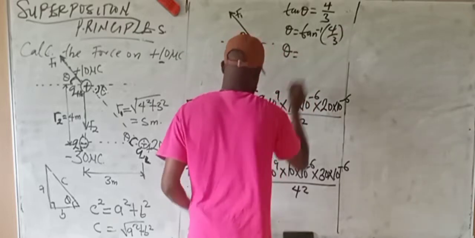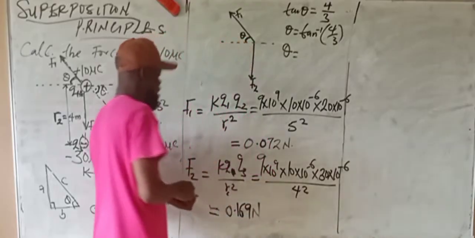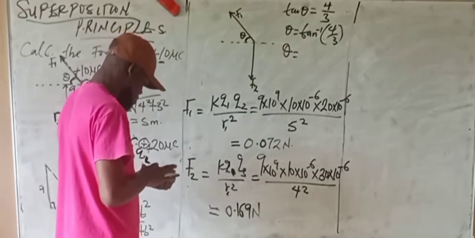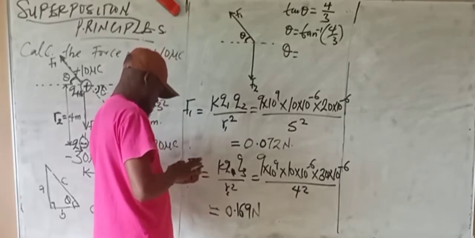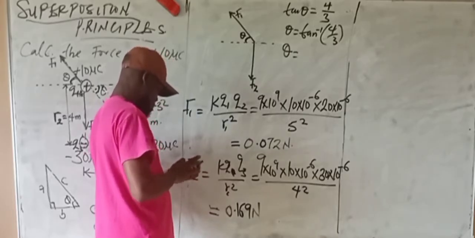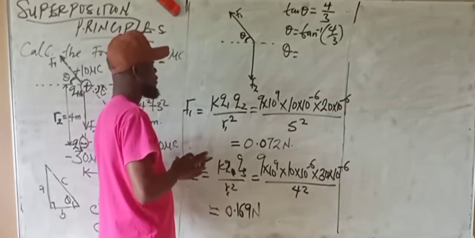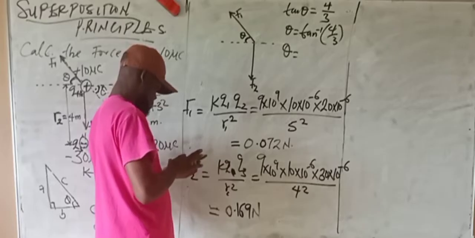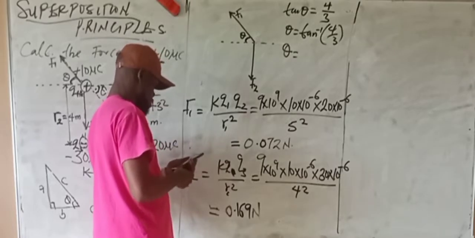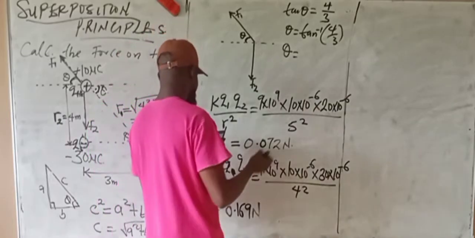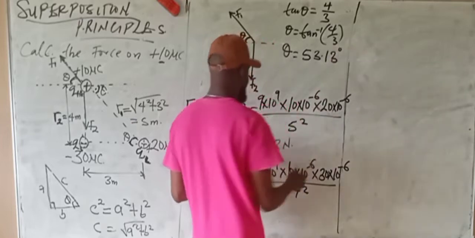So what will be our theta? From there, we will get our theta. From the Casio calculator, tan inverse of 4 over 3 will be equal to 53.13 degrees.